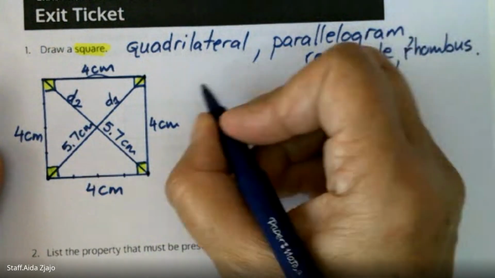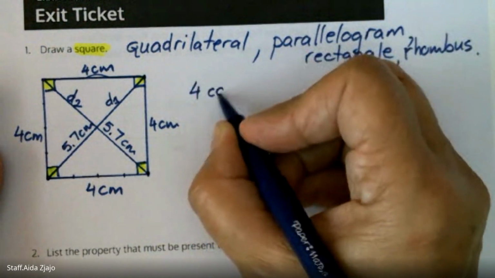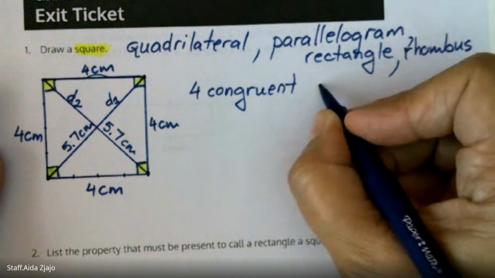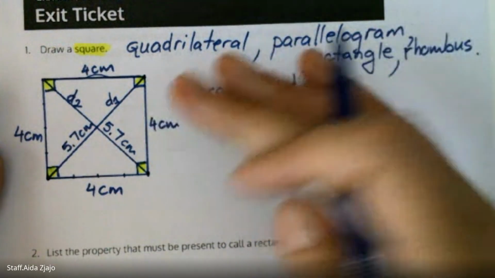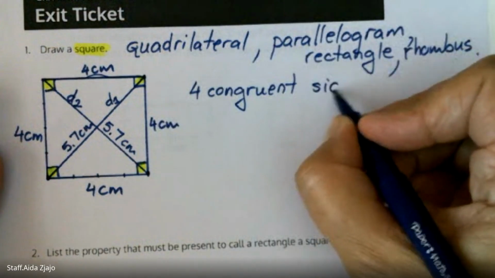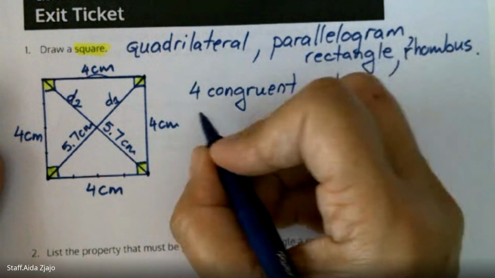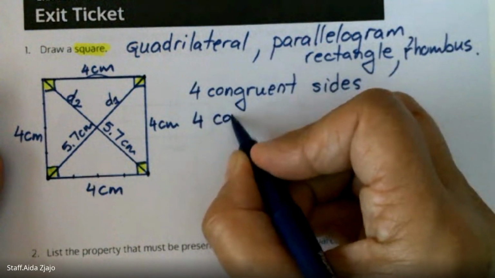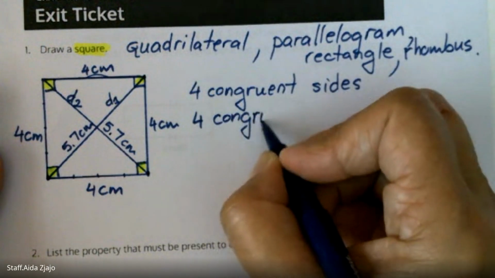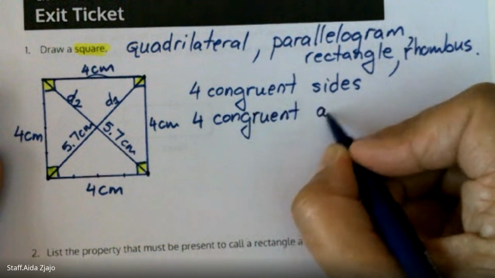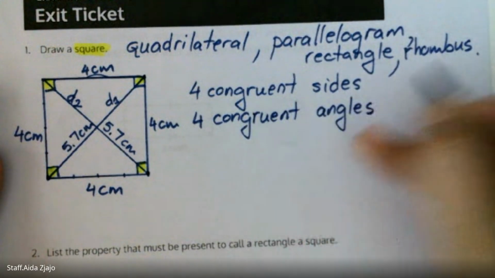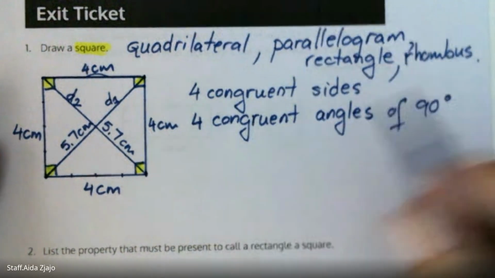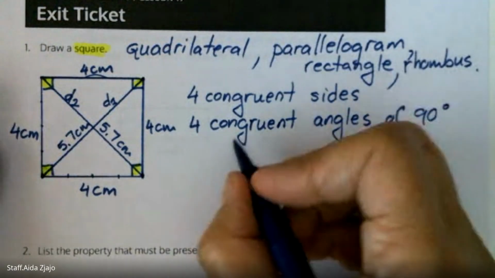We can say 4 congruent sides or line segments, and then 4 congruent angles of 90 degrees, 4 right angles.